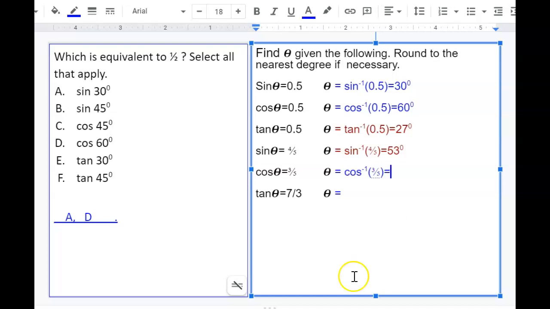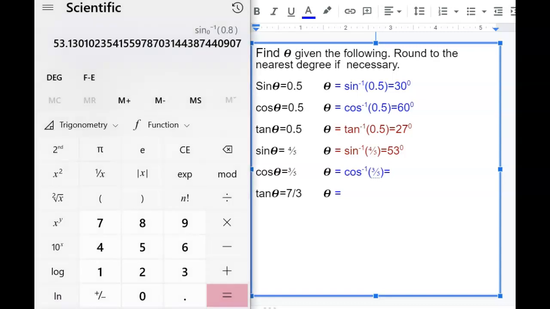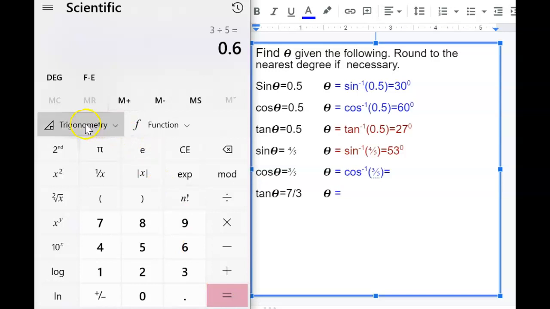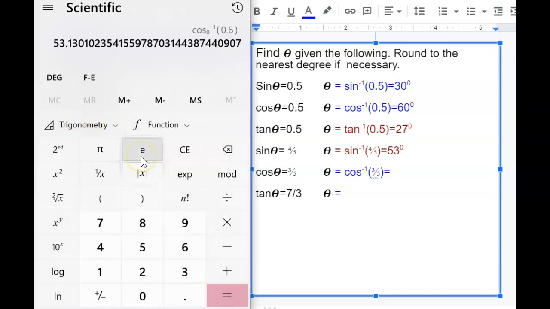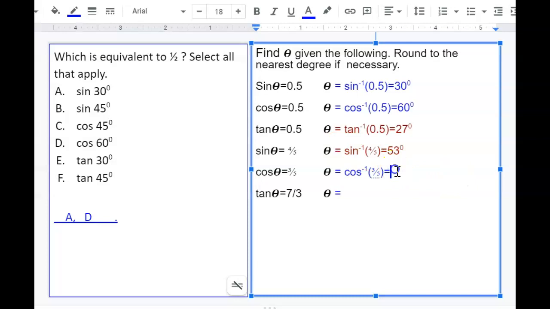Which would be equal to, so again, we go to the calculator, and then we first type 3 divided by 5 equals, and then we look for cos inverse of that. Second function, cos inverse. That is 53.1. So to the nearest whole number will just be 53 degrees.